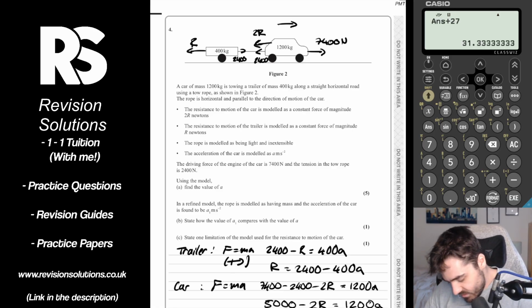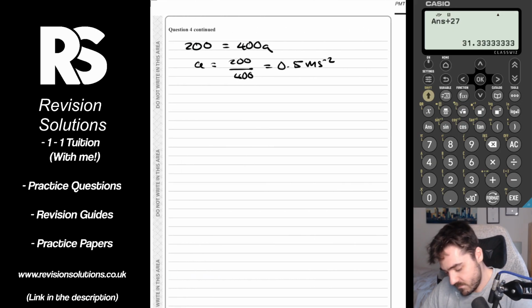We could think about the whole system, and then the resistance forces wouldn't actually change, but the masses would. So if the mass of the system goes up, but the forces don't change, then the acceleration is going to have to go down. F over m gives us the acceleration. If the mass is bigger, but the force is the same, we're going to get a smaller number.